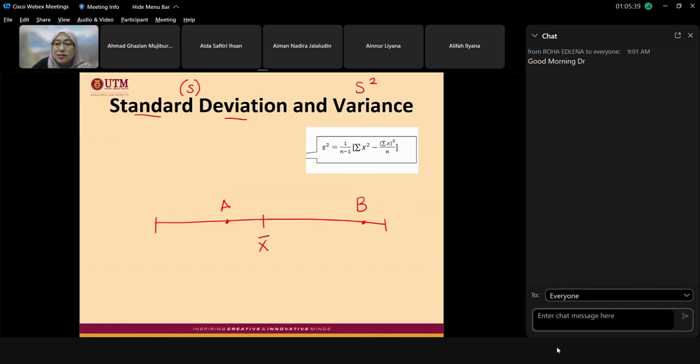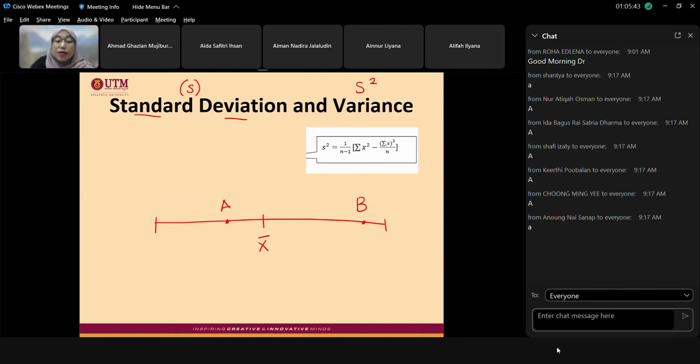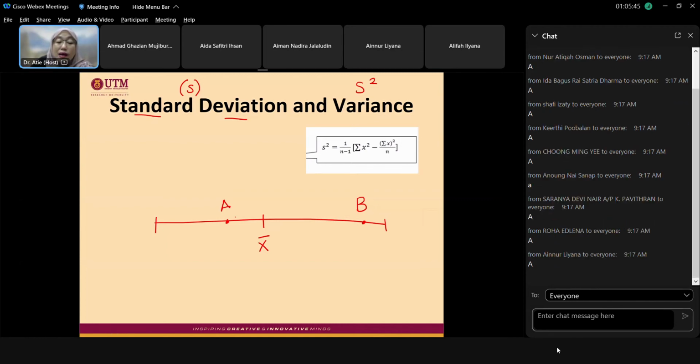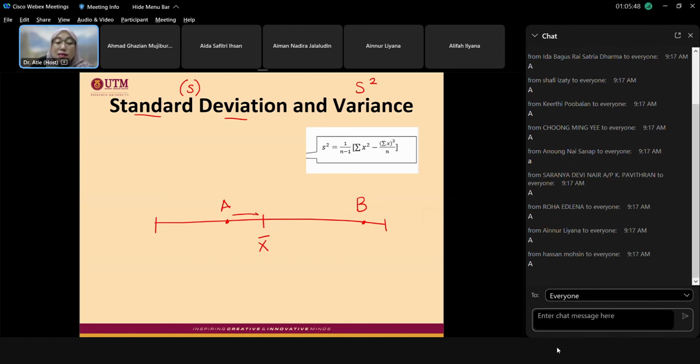Which one is closer? A. Good, right? So I can say A has lower standard deviation compared to B, right? Standard deviation is like measuring the distance from the center.